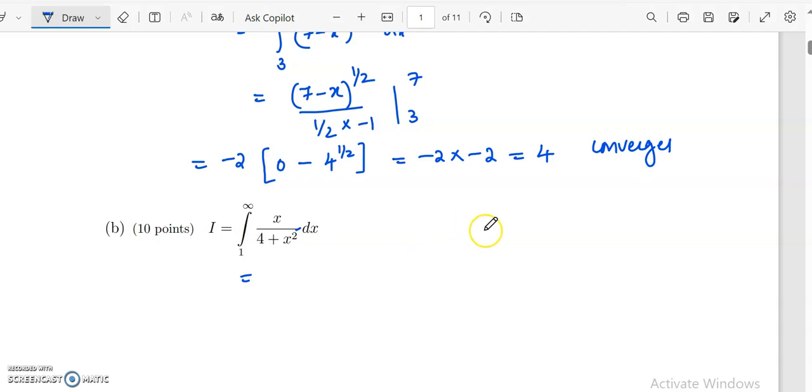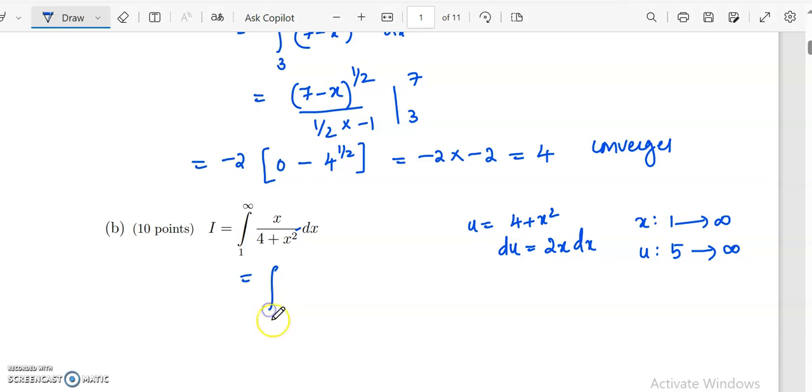Here we will use a substitution u equal to 4 plus x square, then du will be equal to 2x dx, and since x varies from 1 to infinity, u will vary from 4 plus 1, which is 5, to infinity. So we will get the integral from 5 to infinity.